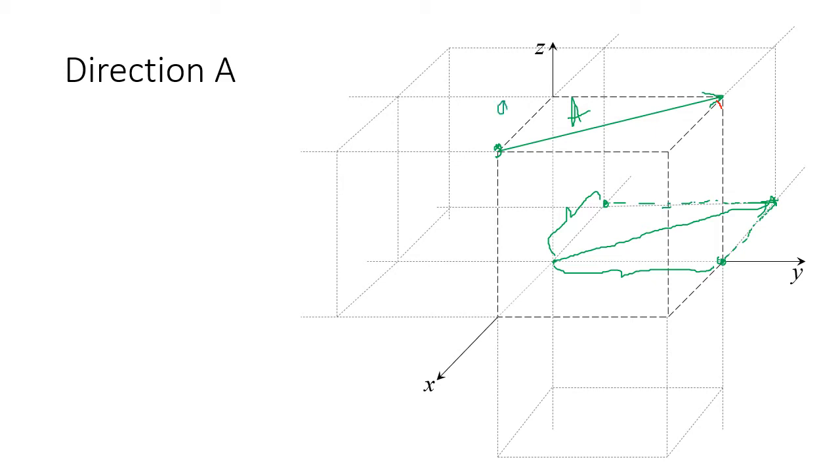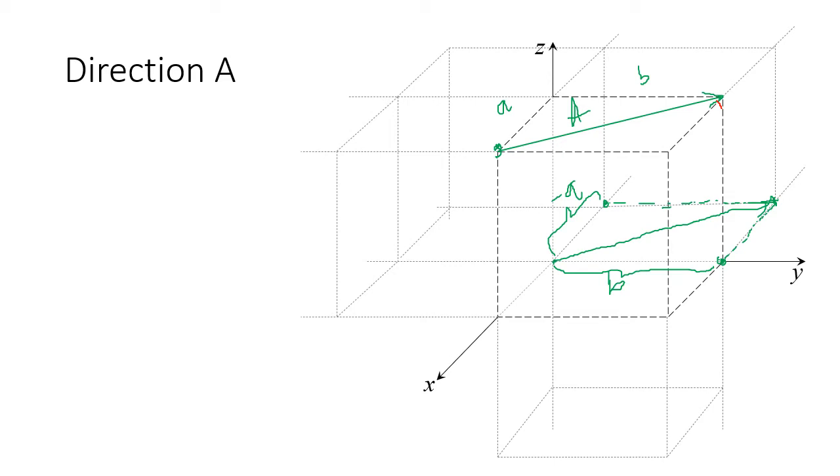So if a is the lattice parameter along x-axis, then this projection equals a, or minus a because it is on the negative side of the x-axis. Similarly, if the lattice parameter along y-axis is b, then this projection length is equal to b.